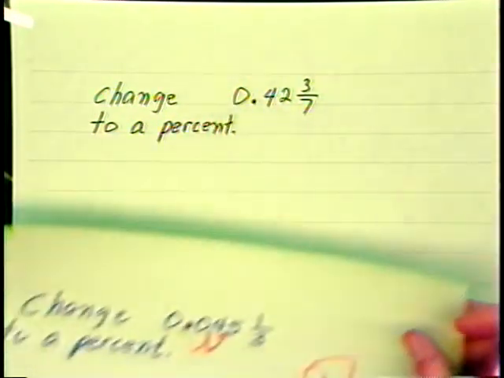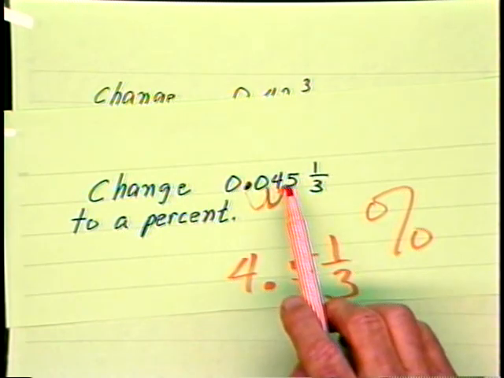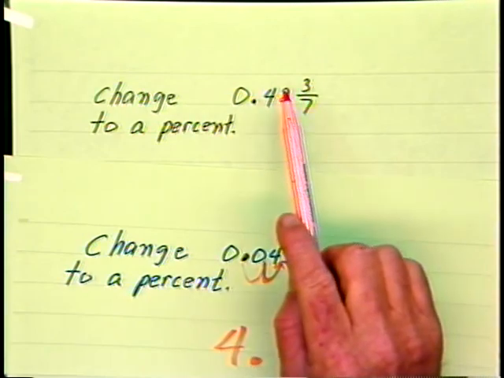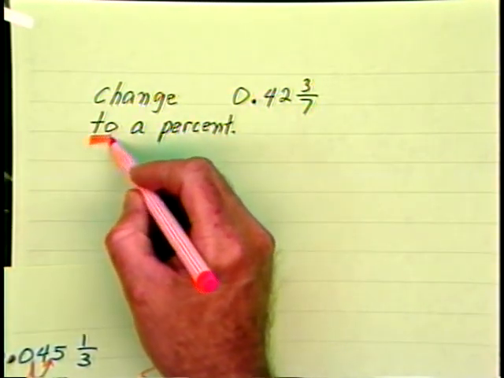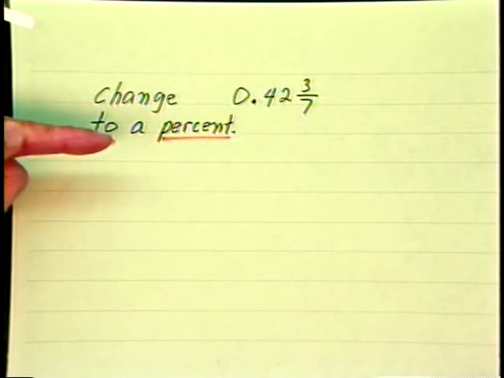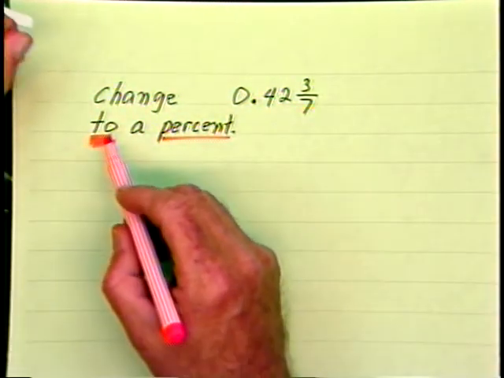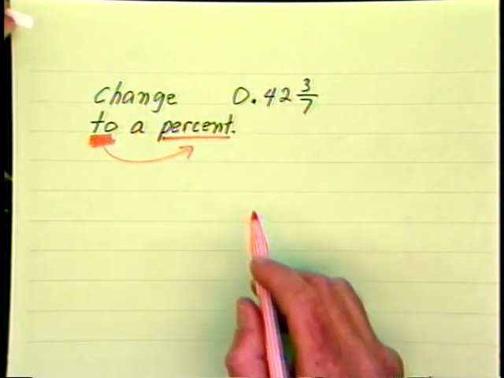Now let's do another one. Notice in this one we had the decimal with fraction at the thousandth place. Here we have a decimal with fractions at the hundredth place. But if we're changing to a percent, the rule is to change 2 places to the percent, towards the percent, and that rule never, ever changes under any consideration.